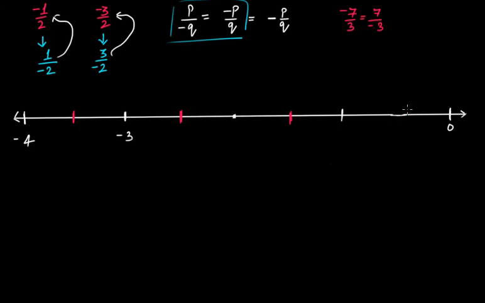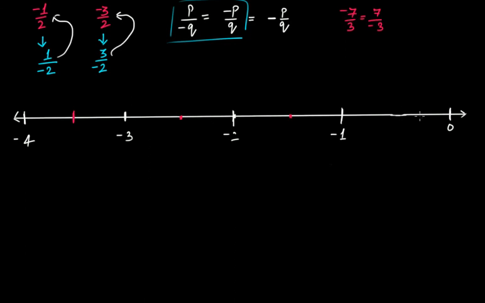Okay, so here we are. This time this is minus 2 and this is minus 1. This time it's asking minus 7 over 3. Forget about the negative sign. Think of 7 over 3.